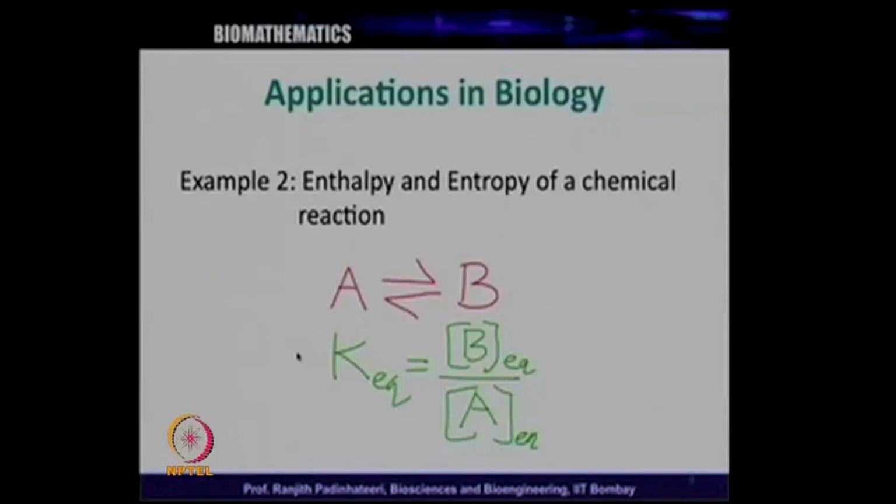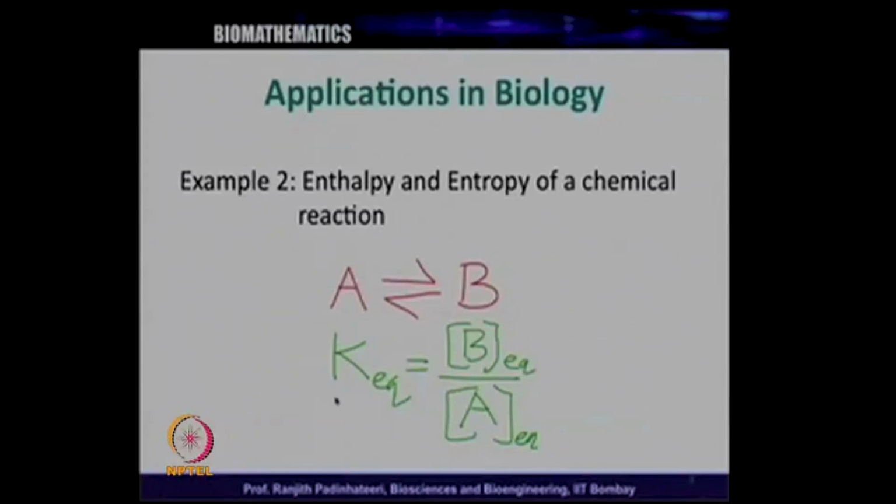So, at equilibrium the equilibrium constant is basically the ratio of the concentration of B divided by the concentration of A. The brackets mean concentration. The concentration of B at equilibrium divided by the concentration of A at equilibrium is known as the equilibrium constant.